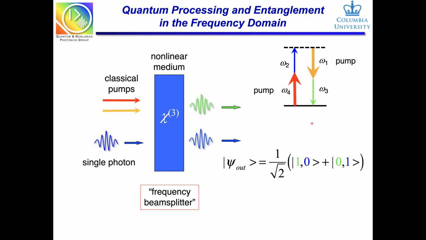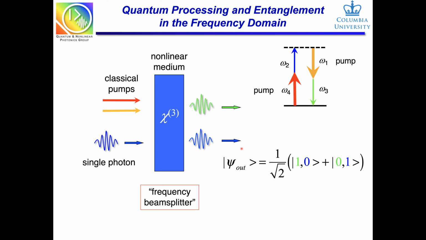If you want to think in terms of the photon interaction in the four-wave mixing process, in the top right here, I'm annihilating a red photon, annihilating this signal photon, or here, the blue one. And then I'm creating a yellow photon, omega-1, and a green photon, omega-3. If these two omega-4 and omega-1 photons are really strong, as I've shown them here, then you have this beam splitter relationship between omega-2 and omega-3. So that's where it comes from. Okay, and so this is the process that we're going to be using.